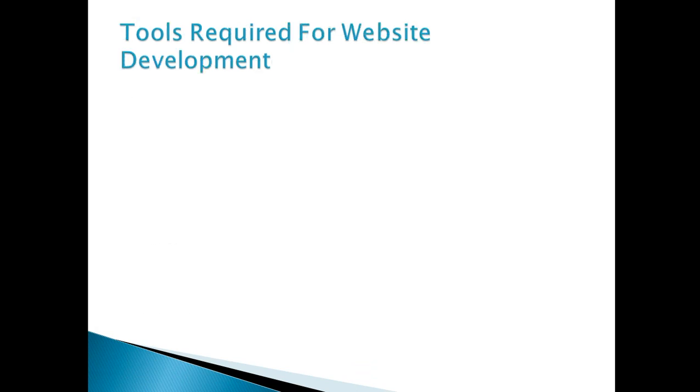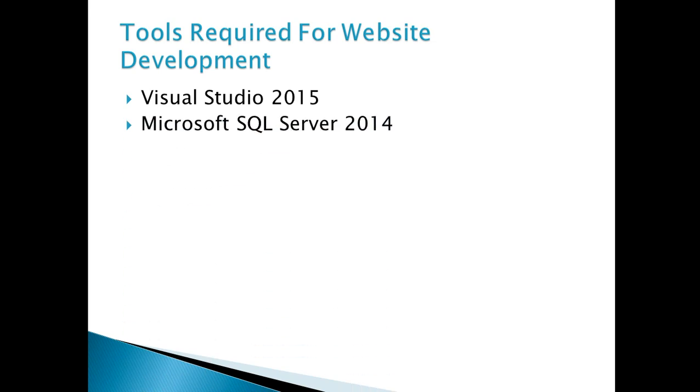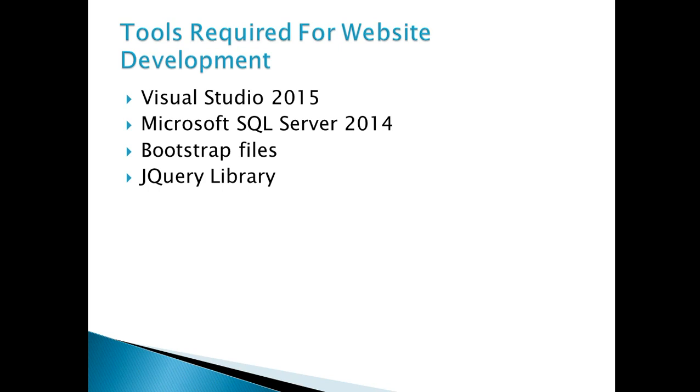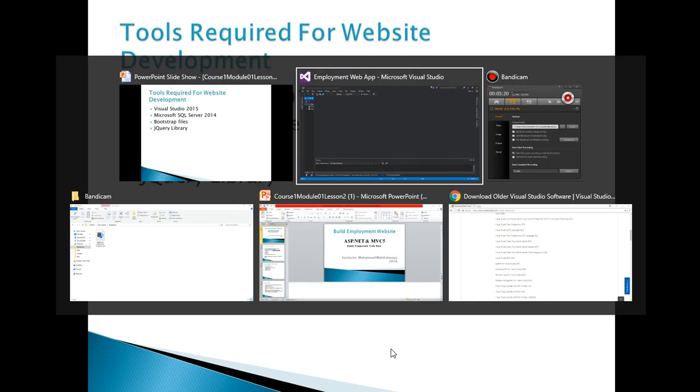The tools required for our website development, as I said, are Visual Studio 2015, SQL Server 2014, Microsoft Azure, Bootstrap, and the jQuery library. I will even show you how to download Bootstrap files, jQuery libraries, and so on.